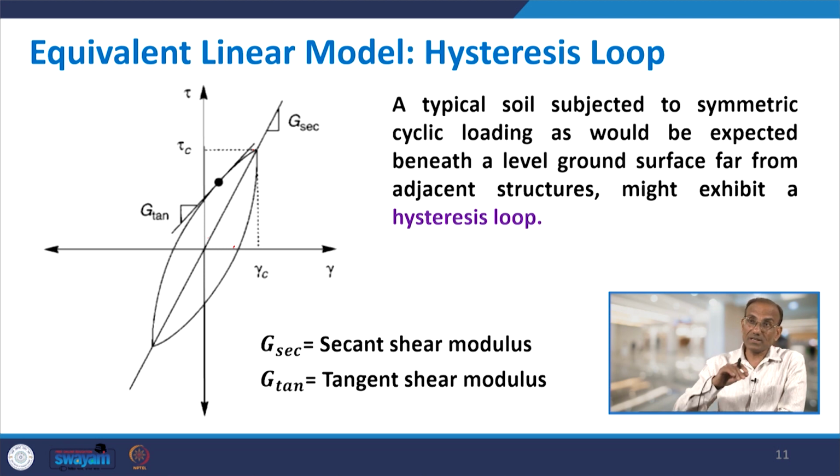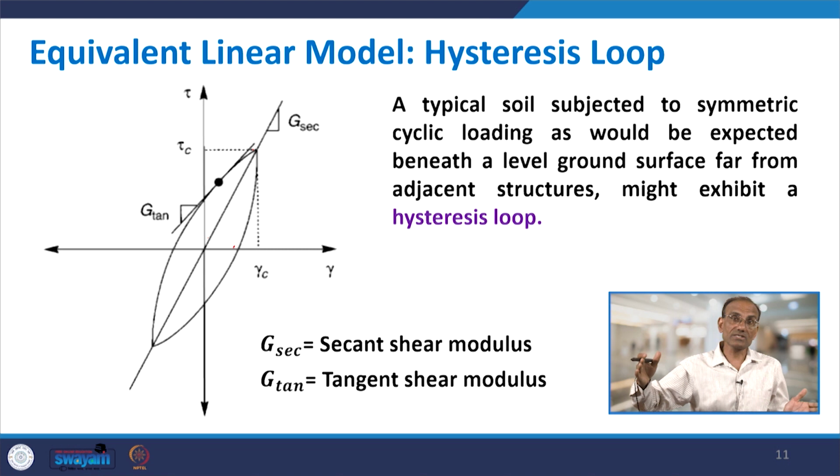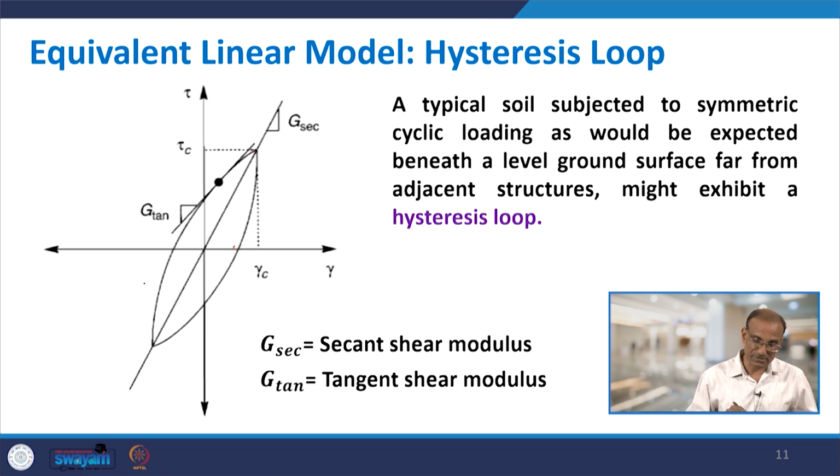In a linear elastic material, when you remove the stress, the strain will be 0. So, stress and strain become 0 together. They start their journey from 0, but when they reach unloading, you get some strain even when the stress is 0, and then it goes to the other side, and then the reversal takes place and this continues.